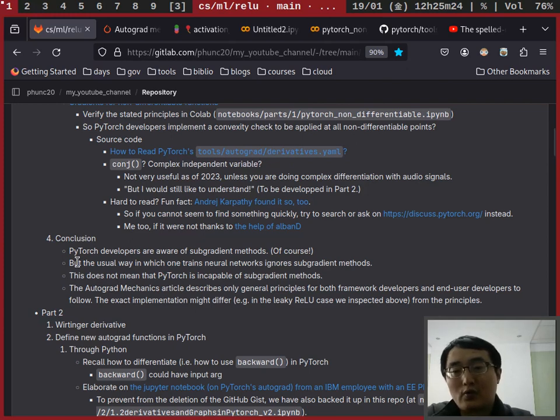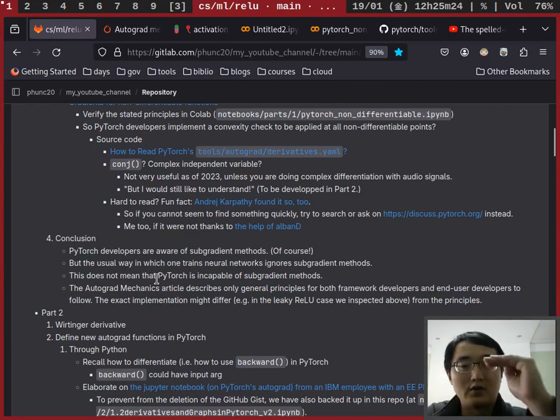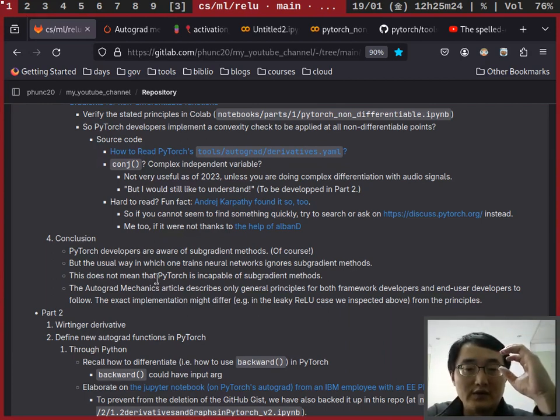But the usual way one constructs a deep neural network and does gradient descent, even with Adam or any other gradient descent methods, we're not using subgradient methods. But this does not mean that PyTorch is incapable of implementing subgradient methods. It just means that if you want to stick closely to subgradient methods, you'll have to write your own code.